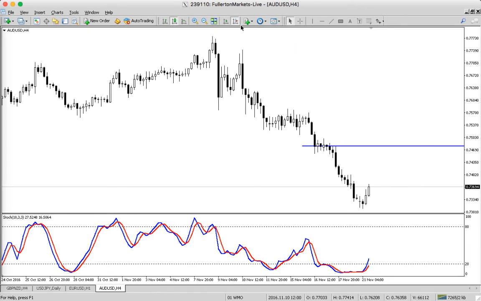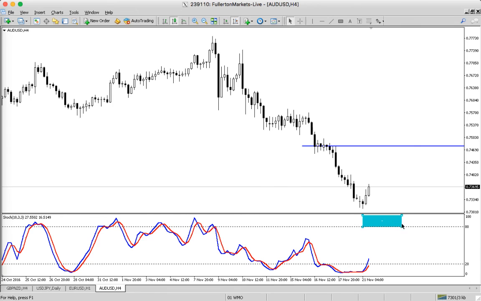So for oscillators that have overbought, oversold regions like stochastic, RSI, CCI and things like that, you can apply the same theory on the indicator that you are familiar with.